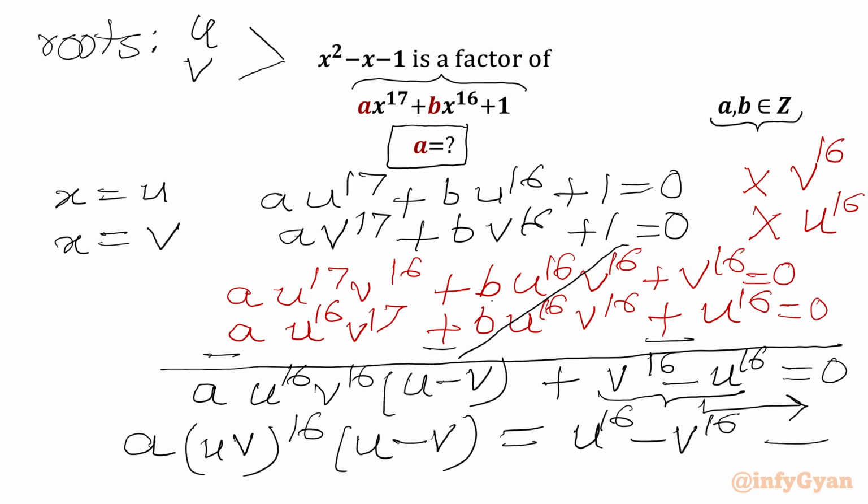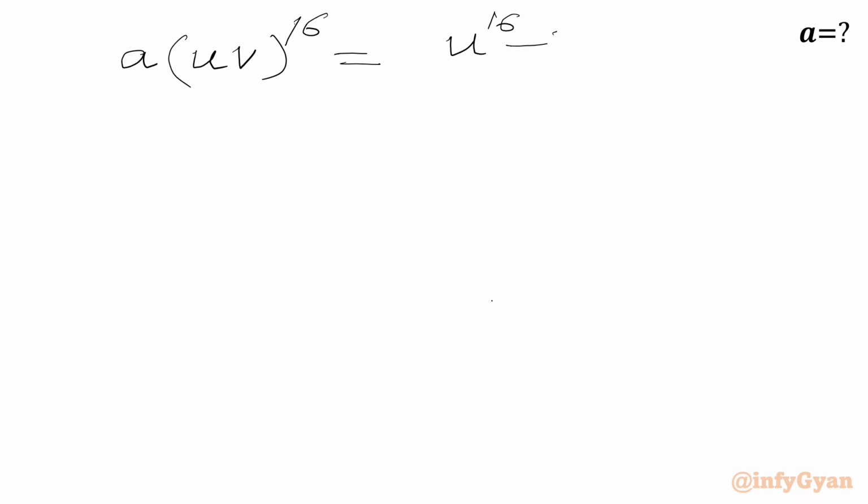Let us consider this is our first equation. Now I can divide both sides by u − v and we will get a·(uv)¹⁶ must be equal to (u¹⁶ − v¹⁶)/(u − v).